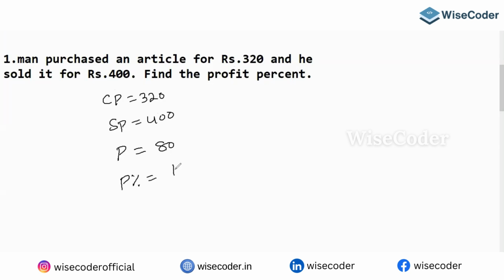What is profit percentage? Profit by cost price into 100. What is profit? 80. What is cost price? 320, into 100. Zero, zero cancel. 8 ones are 8. 8 fours are 32. So 1 by 4.